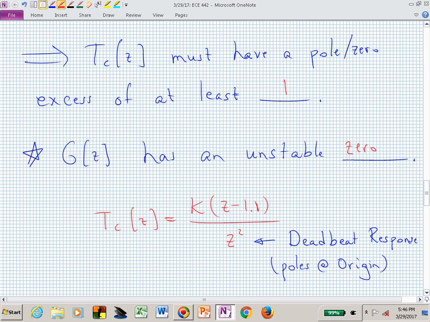Do we have to do anything with restriction 3, which was concerned with 1 minus T sub c of z evaluated, and where is that evaluated? At 1?